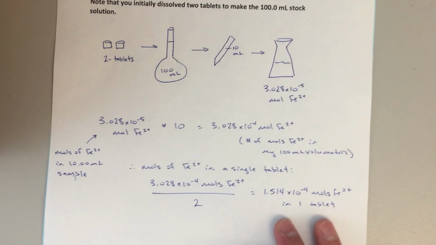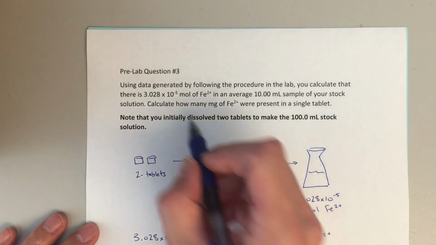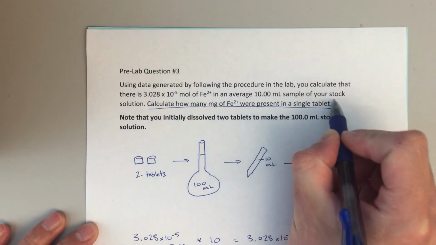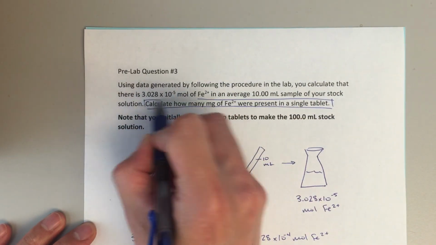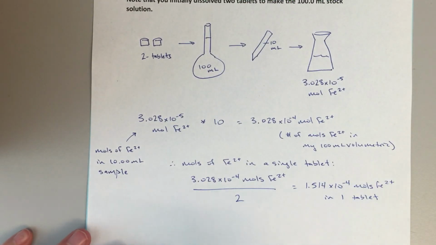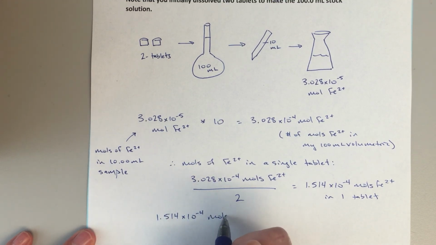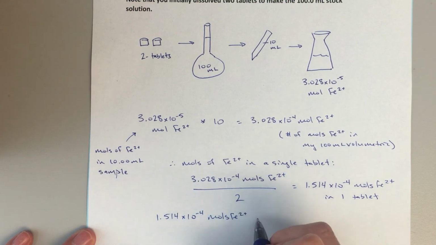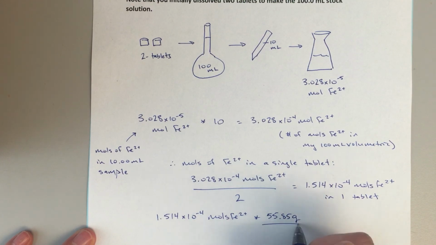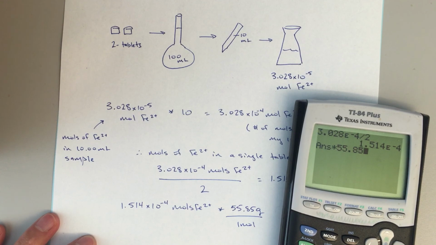Again, I'm specifying what that value represents. That's my number of moles in 1 tablet, and going back to my original question, I'm looking for the milligrams of iron 2+ in a single tablet. To get to milligrams, I need to convert to grams. So I take 1.514 times 10 to the minus 4 moles of iron 2+ times 55.85 grams per 1 mole of iron.